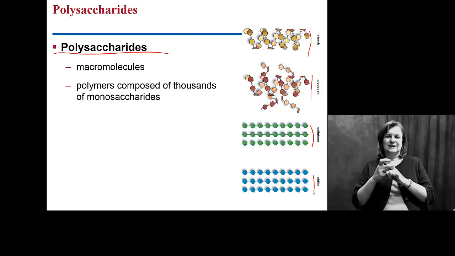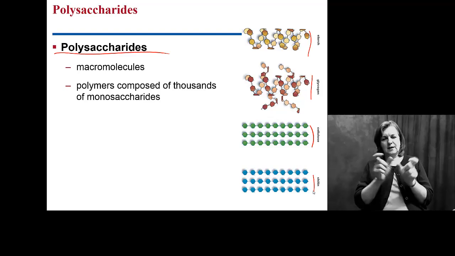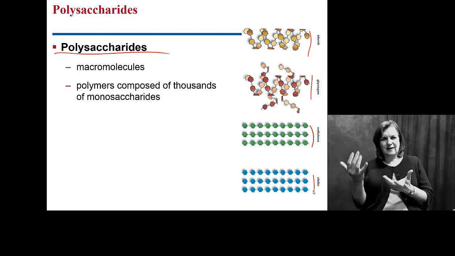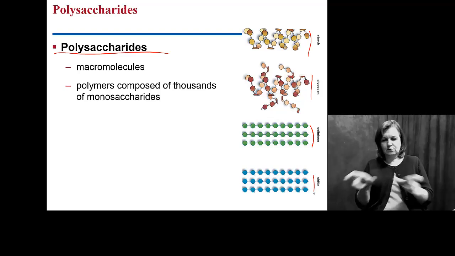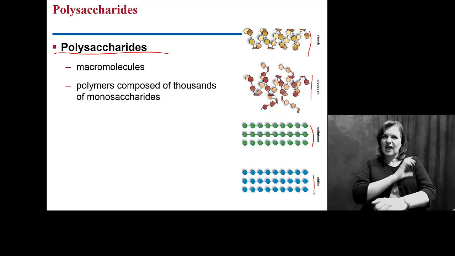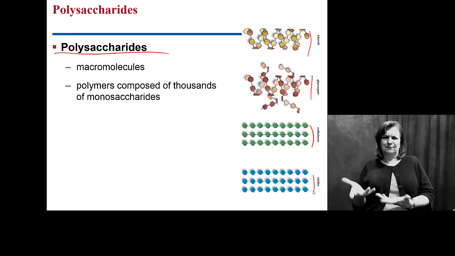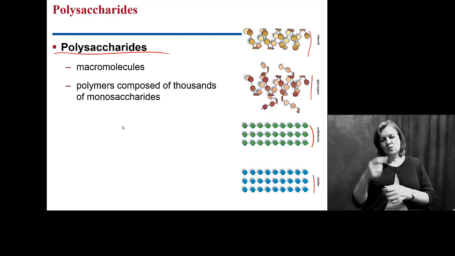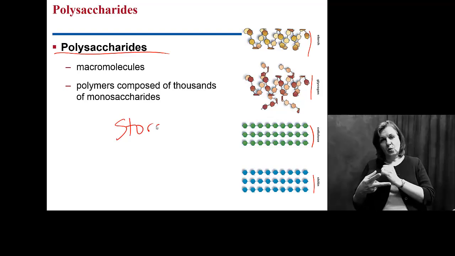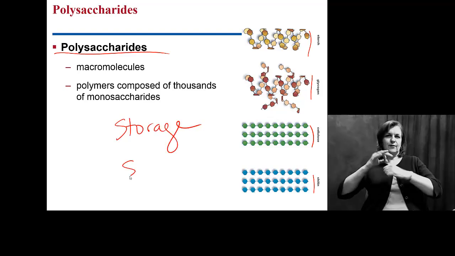Why are we putting so many monomers together? Because remember, to do this, we're going through all those dehydration reactions. We have to get these monomers to stick together. We've got to deal with that from an energetic perspective. So why would we do this? Well, for our polysaccharides, we see most of them used as storage or structural.